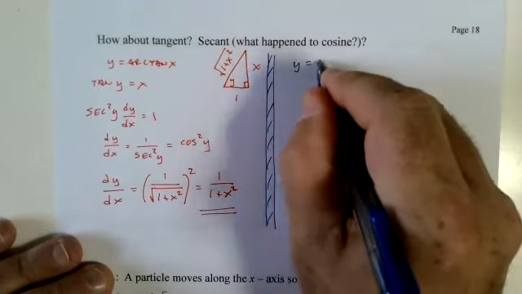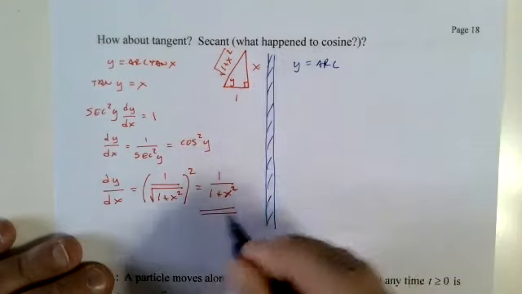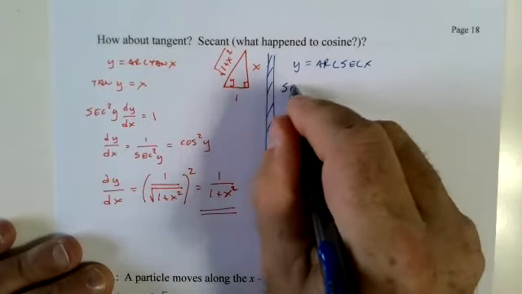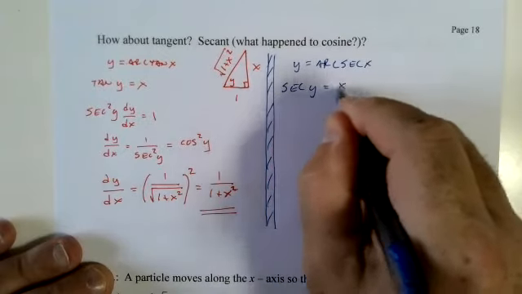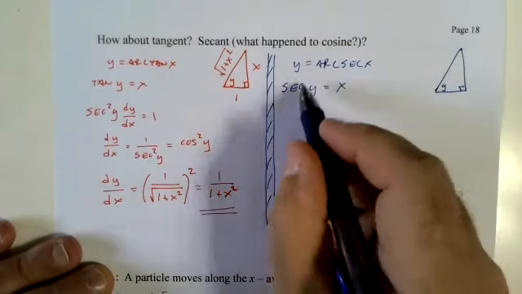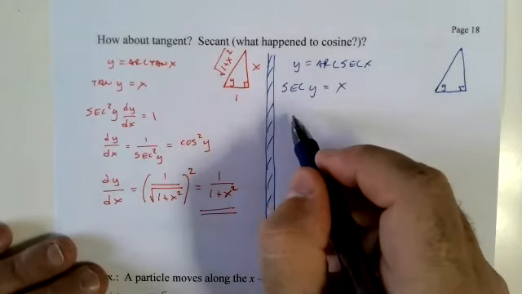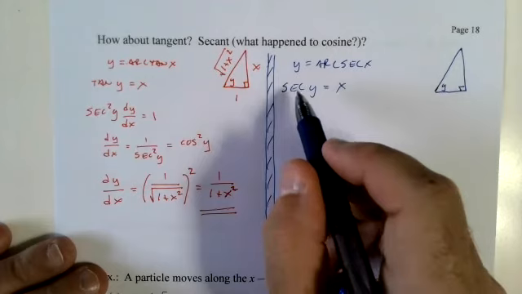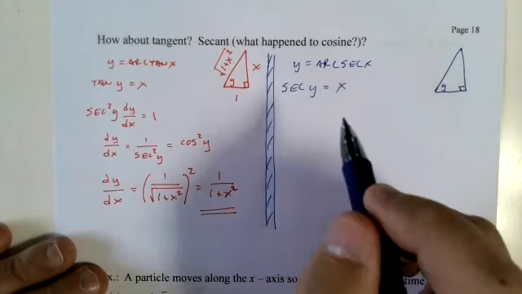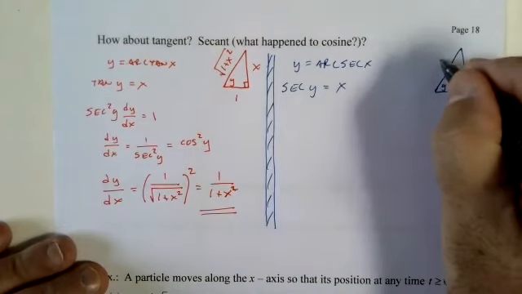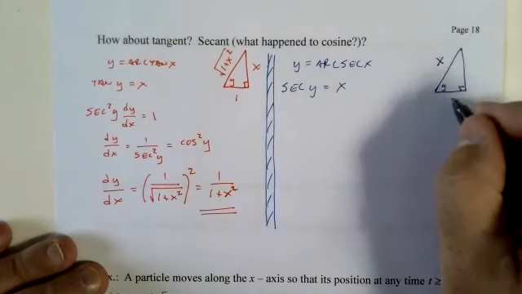Y equals arcsecant x. By the way, I don't have any of these memorized. I do have this one memorized, but I just rederive them as necessary. Secant of y equals x, so draw a triangle with angle y. That's 1 over cosine of y. Cosine is adjacent over hypotenuse, so secant is hypotenuse over adjacent, x over 1.